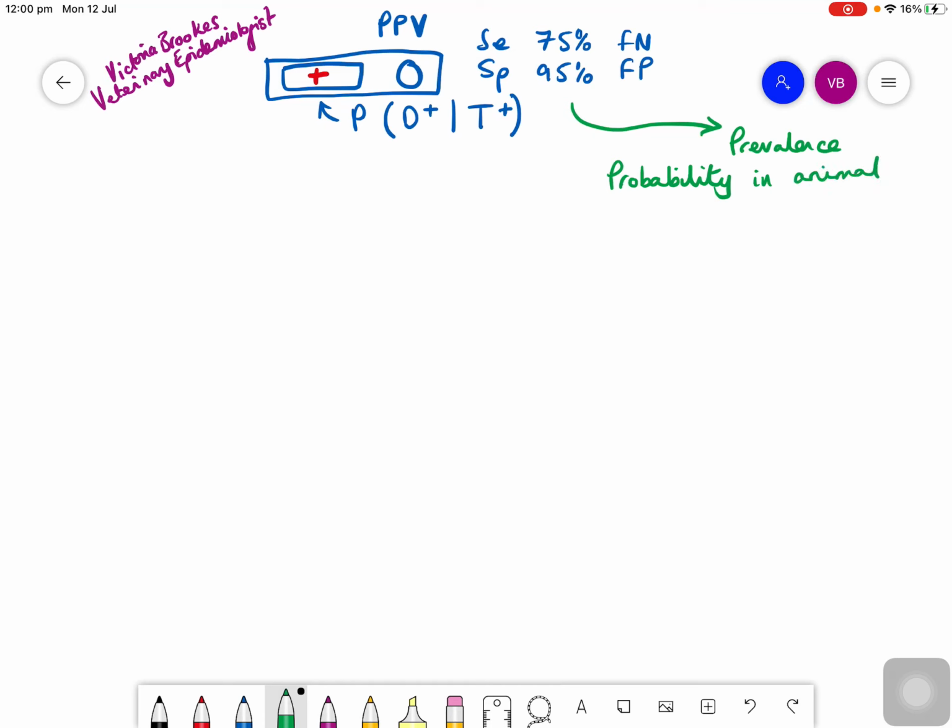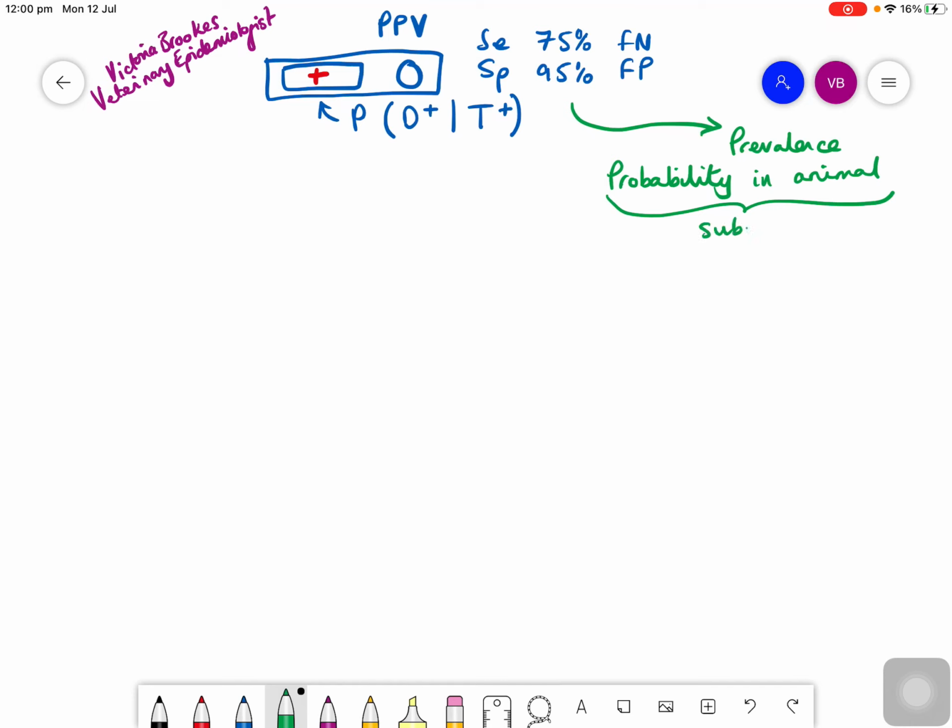in an individual animal. And this can be quite a subjective measurement, so we need to use all the information that's available. So perhaps we might have previous results for this population, or we might have an idea of what probability we might expect in a particular animal given the types of clinical signs that it's showing.